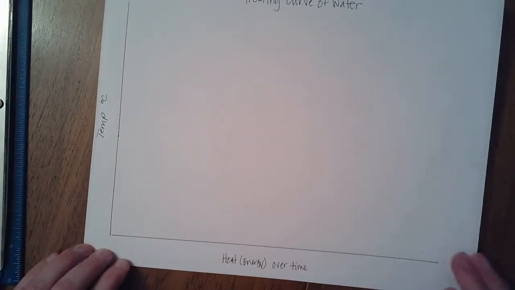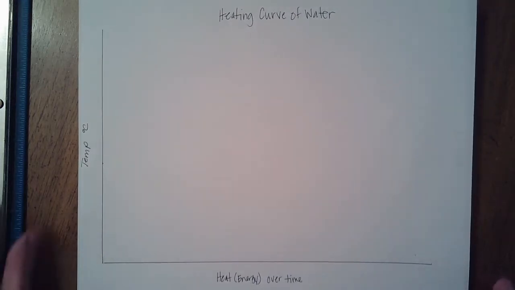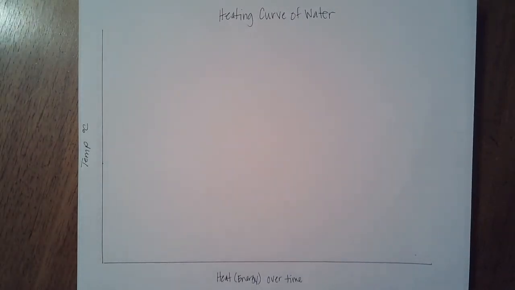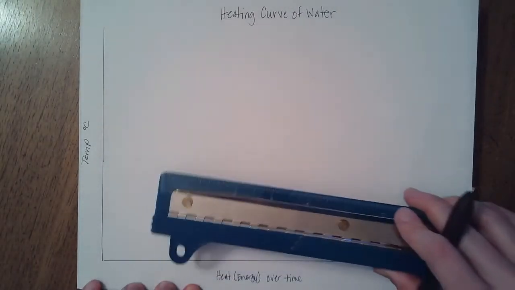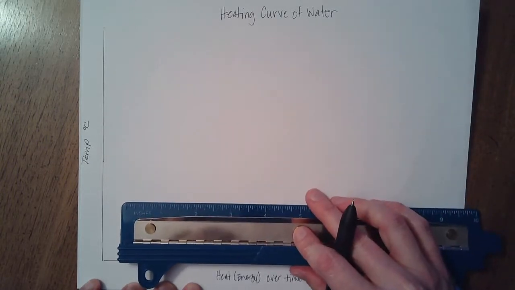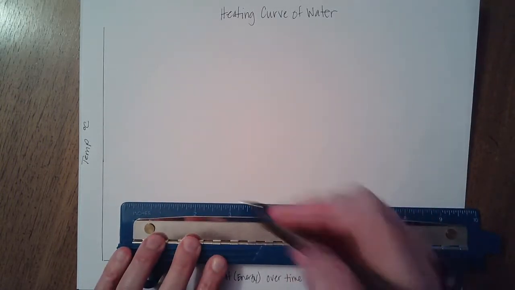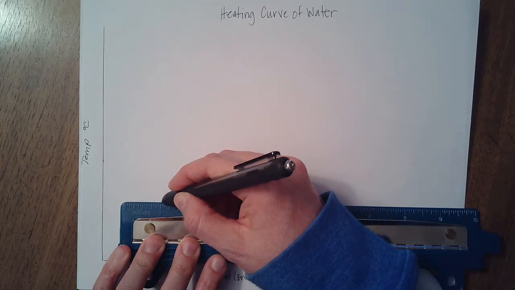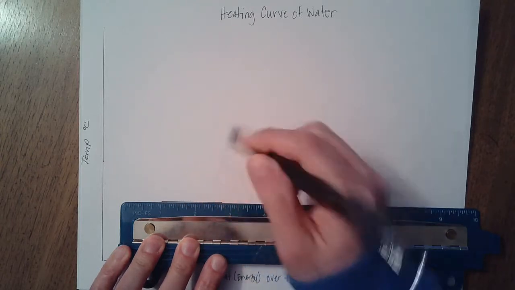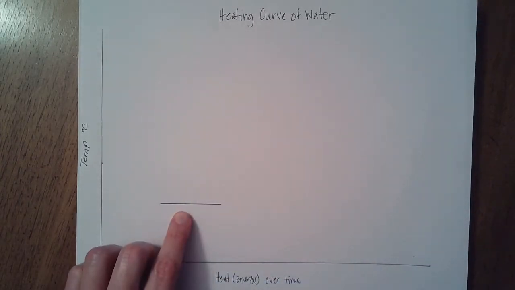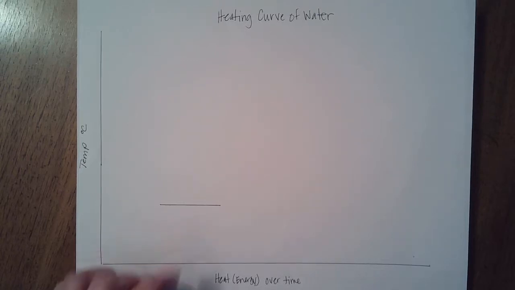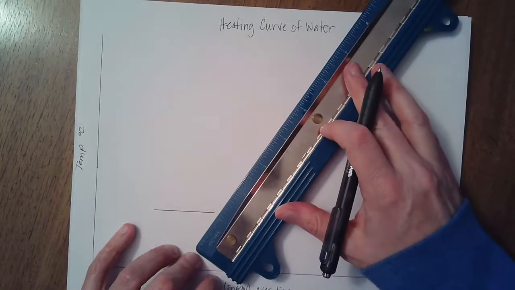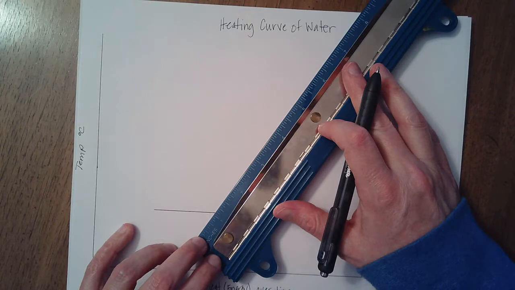When we were in chemistry class doing the lab, we started with ice that was melting. And so I'm going to draw a plateau right here. We started with melting, and we noticed that the temp didn't change.